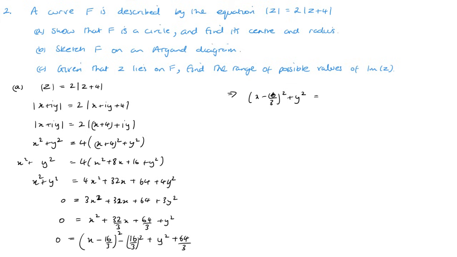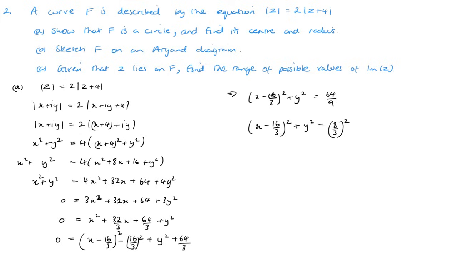So that is going to equal 64/9, taking the minus to the other side. So (x + 16/3)² + y² = (8/3)².